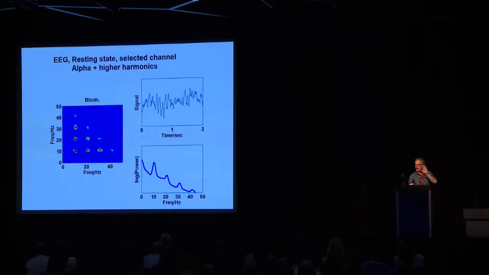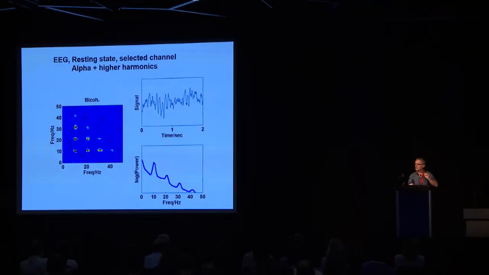So you can say this is alpha and all these higher harmonics. This is really where the title of this talk comes from. We study the alpha rhythm all the time and look at power, but these nonlinear effects are so strong in typical EEG and MEG data. They contain so much information.